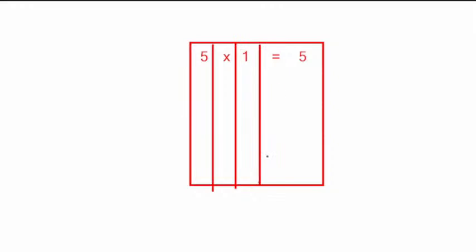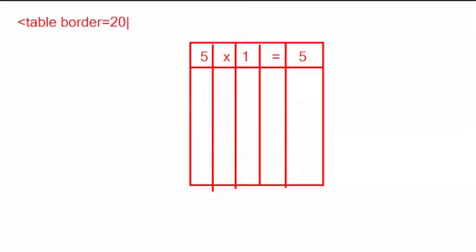If you want to display it in HTML, what will you write? Table, some border equal to something, 20 pixels or 30 pixels. After that, first row, next TD, something 5. Again TD, like 5. Table data close. Now TD into. Let's write now.